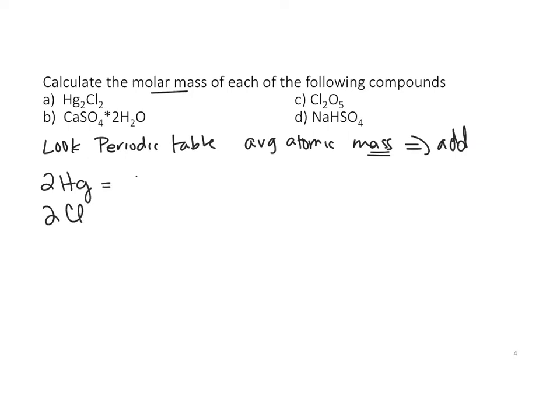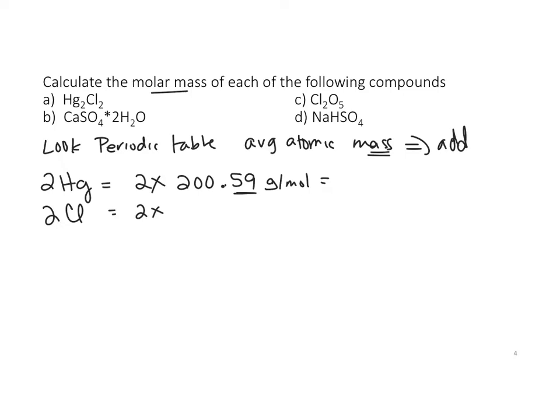And so this is 2 times, and you look for mercury, Hg, and you see that the average atomic mass is 200.59, and that's grams per mole. You want your units. Usually you can take it out 2 past the decimal, and that'll be fine. So sometimes you'll have 3 and 4 past the decimal, but 2's good. I sometimes do that and sometimes don't, but I at least try to take it out past 2.